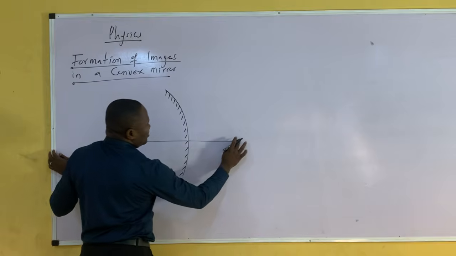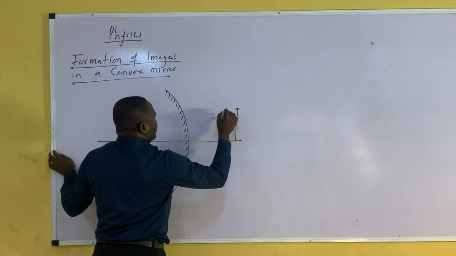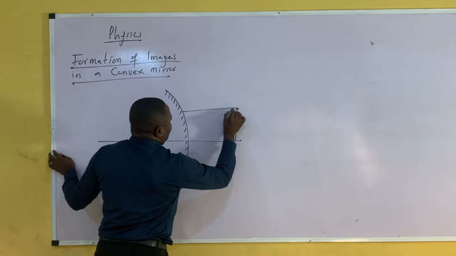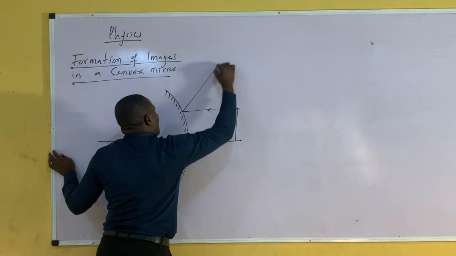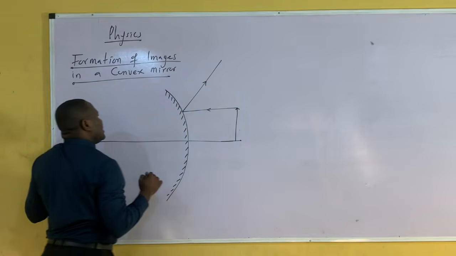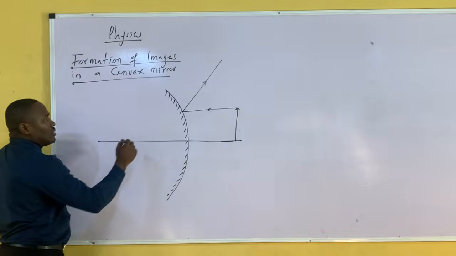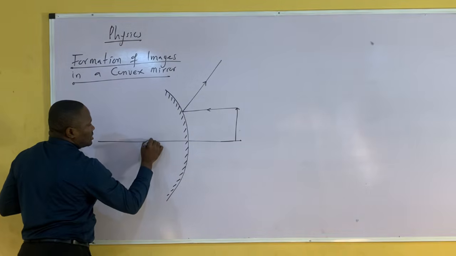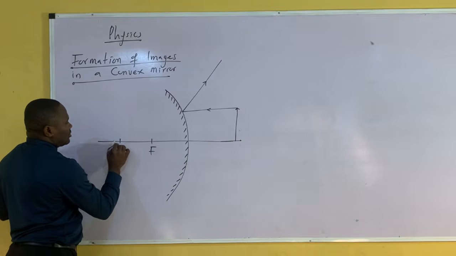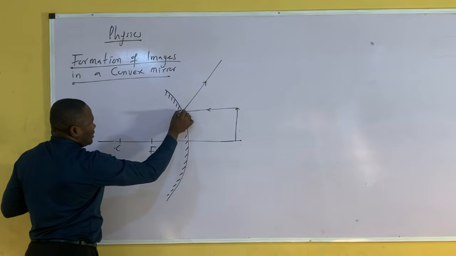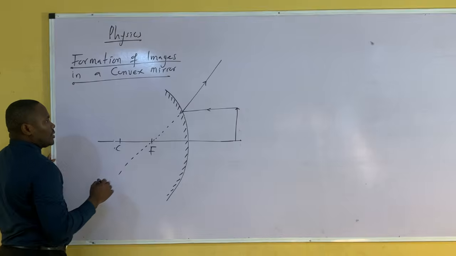So imagine an object placed at this point. The rays of light strike the mirror and are diverged because it's a diverging mirror. Now this is our principal focus, and this is our center of curvature.